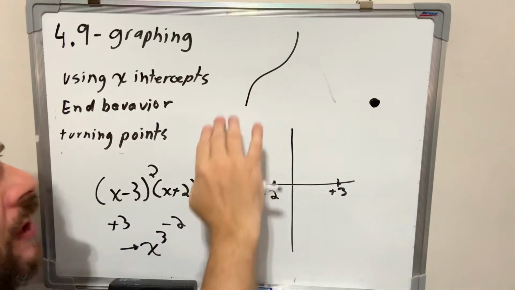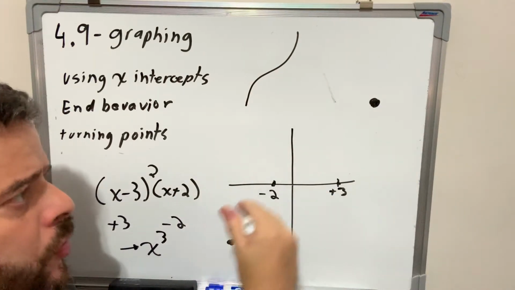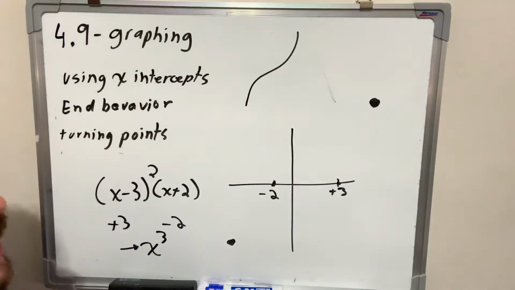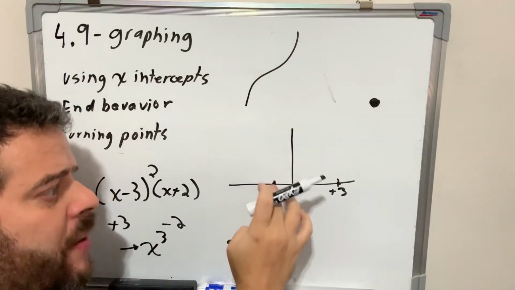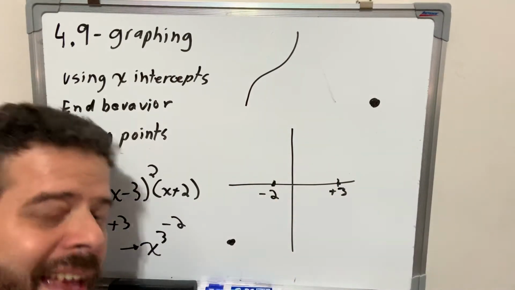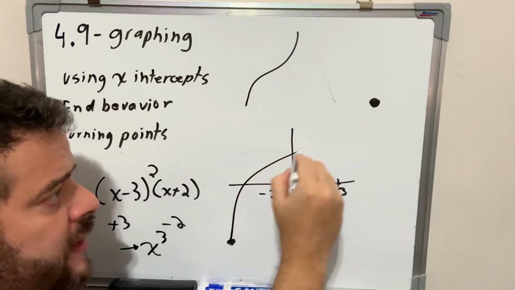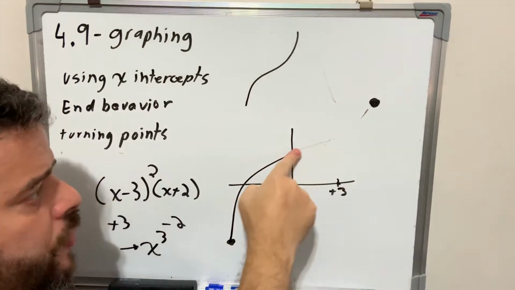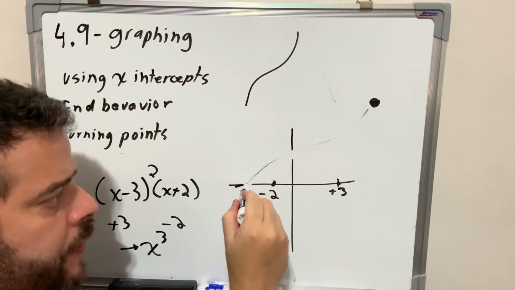The whole point of end behavior is correctly placing the dots so you can then connect them. Now we have to connect the dots, but I do have to pass through all my x-intercepts. I can't just connect the dots like this. I have to go through both negative 2 and positive 3.